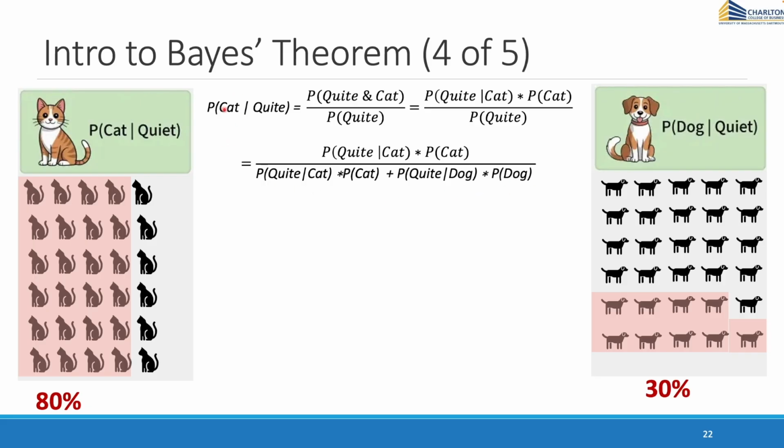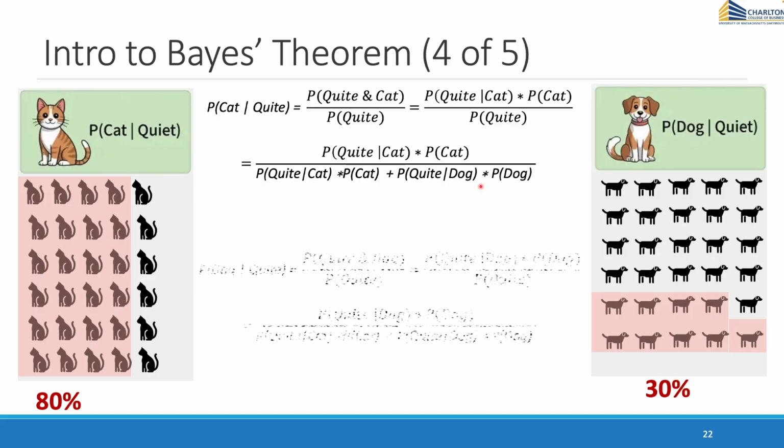Now, probability of having a cat in that box, knowing that it's quiet, is equal to probability of a pet being quiet, given that it's a cat, multiplied by the chance that you are getting a cat, divided by probability of being a quiet pet, knowing that it's cat, multiplied by the probability of getting cat, plus probability of being a quiet pet, given that it's dog, multiplied by the probability of being dog.